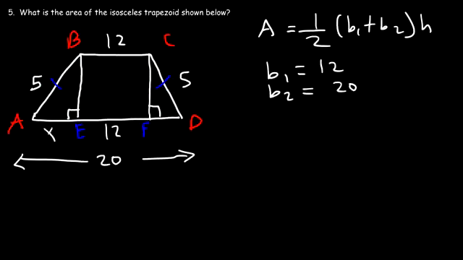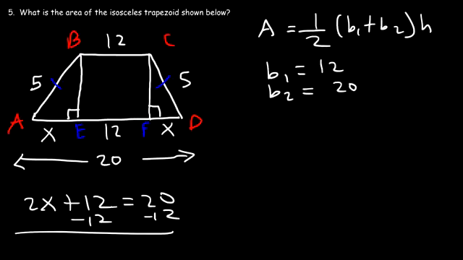So if we call this X and X, we could say that X plus 12 plus X is equal to 20. Or 2X plus 12 is equal to 20. So let's subtract both sides by 12. So 20 minus 12 is 8. And if we divide by 2, we can see that X is 4.